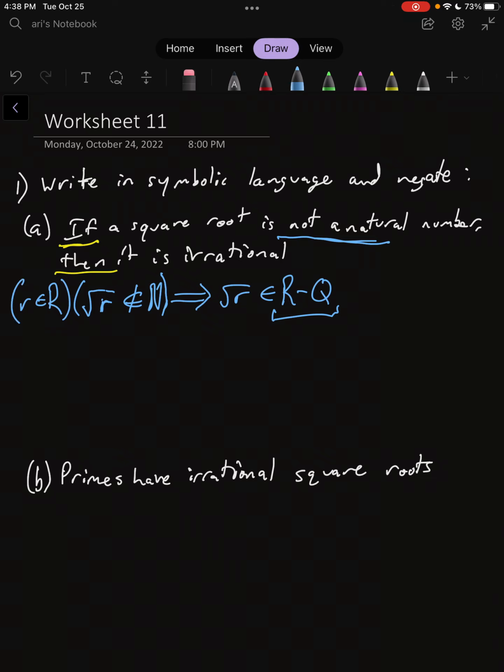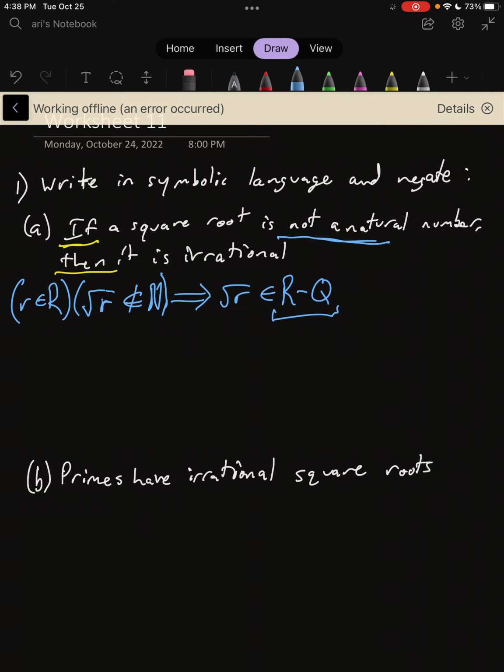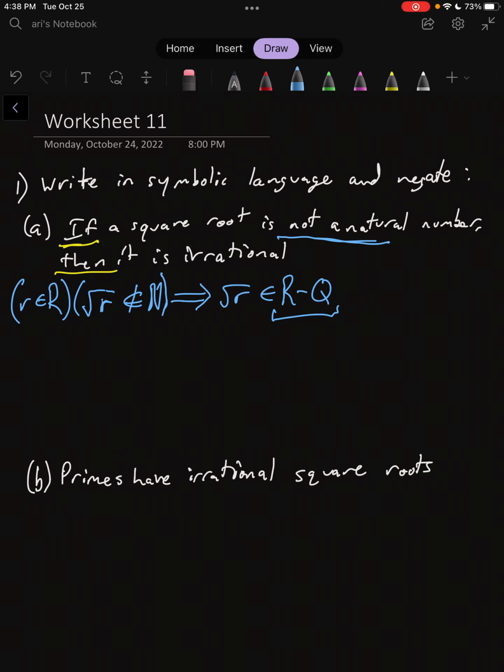So for some r that's a real number, the square root of r is not natural implies that the square root of r is irrational. Not natural implies irrational. And so now we want to negate this statement. And before we negate it, let's write it in a different form.